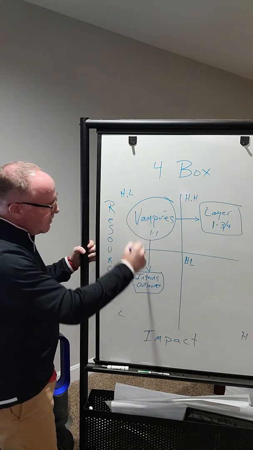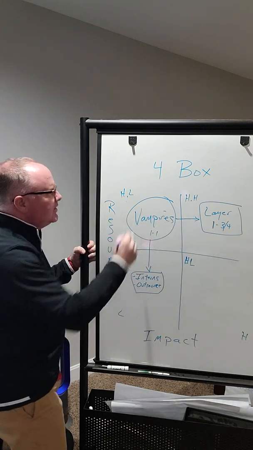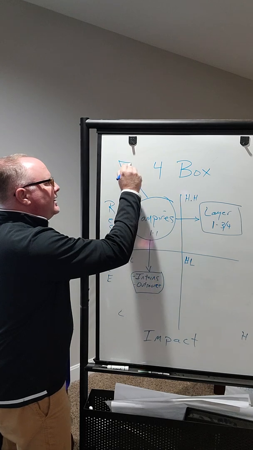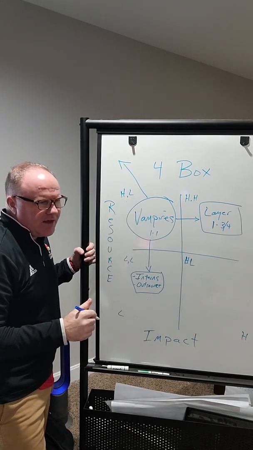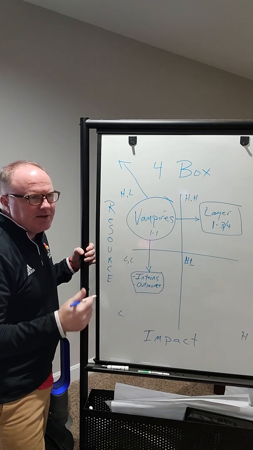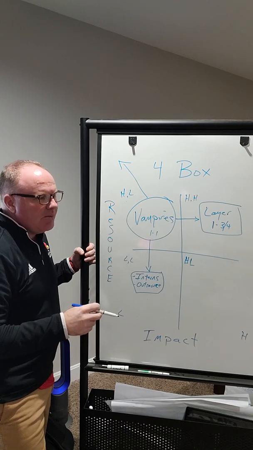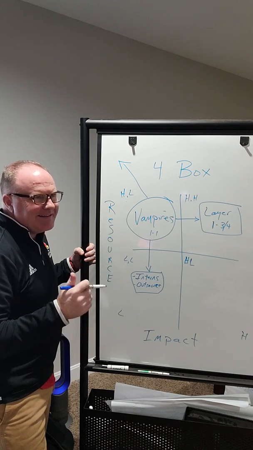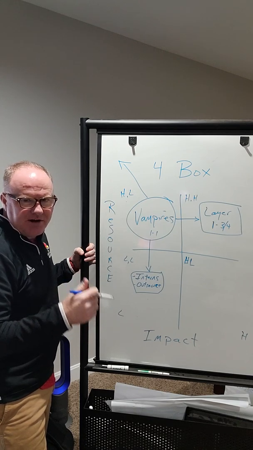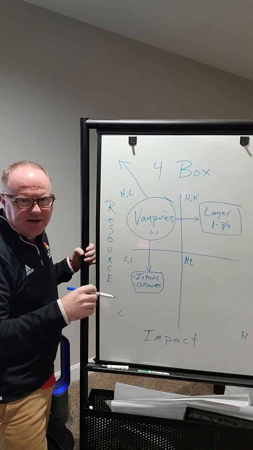Lastly, if you can't move it here and you can't move it here, then you got to move it here, which is out. Sometimes there are things that we consider to be sacred cows that we would not touch or we don't think are touchable, and it's literally killing the very culture that you're trying to create.